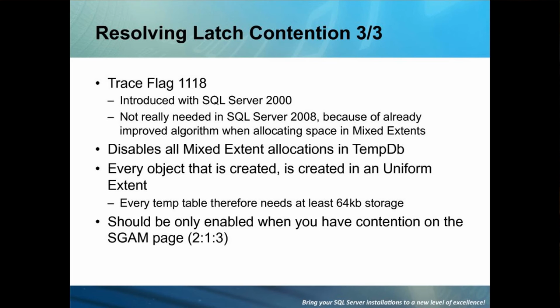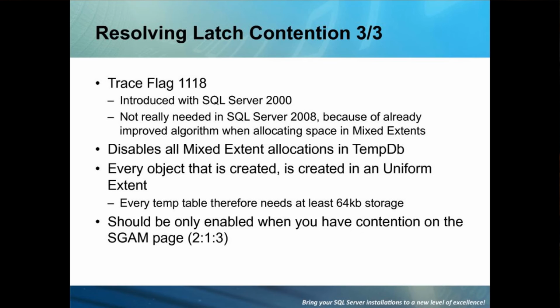Okay? That means when we're creating tables, tables are always created in a uniform extent. This also applies to our user databases, not only to TempDB. The side effect is that a new table is always at least 64K large.